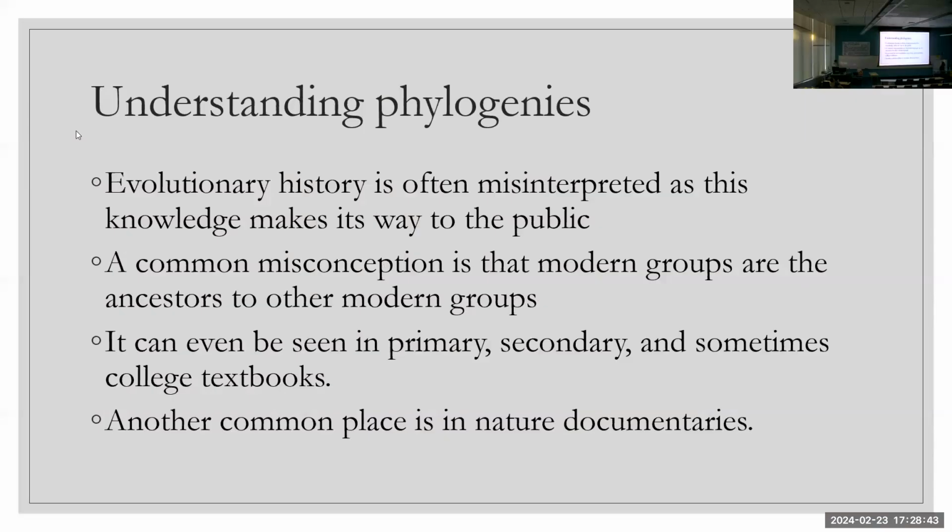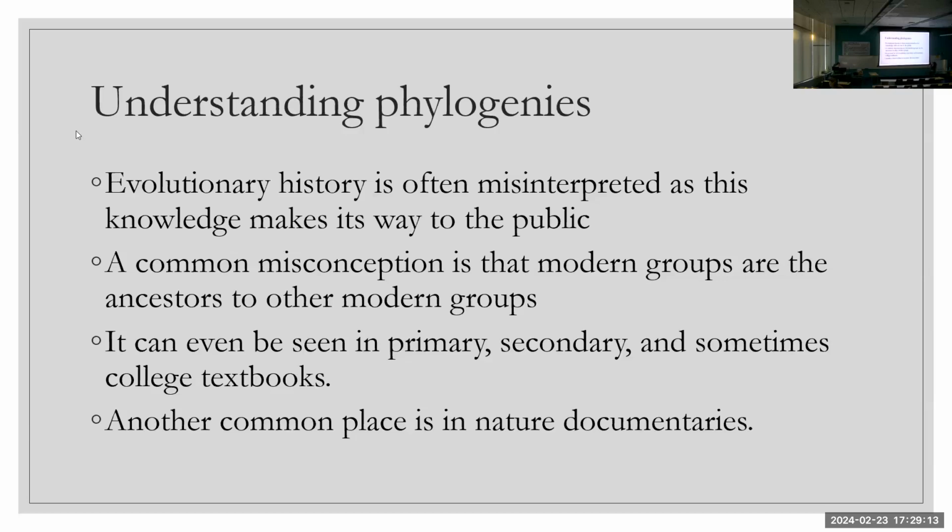Okay, all right, let's go on. So now that we have that understanding, let's look at these mistakes or misinterpretations that can happen. It's often misinterpreted as the knowledge makes its way to the general public. A common misconception is that modern groups are the ancestors to other modern groups, like we evolved from chimpanzees, which is a mistake.